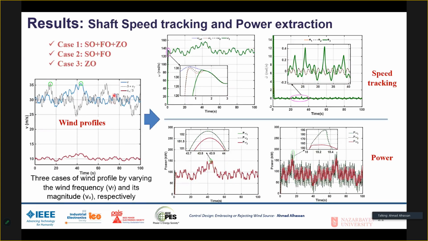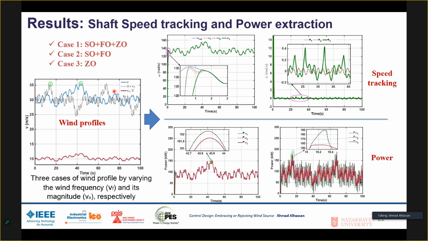So now we try three cases. The first case is where we use all three observers, meaning we have observed the zero order, first order, and second order estimations, and we incorporate them into the controller. Then we remove the zero order observer and only consider the first order and second order.